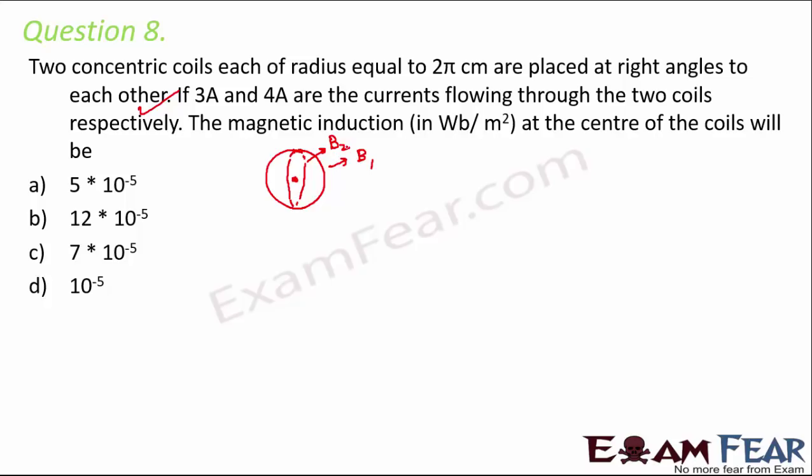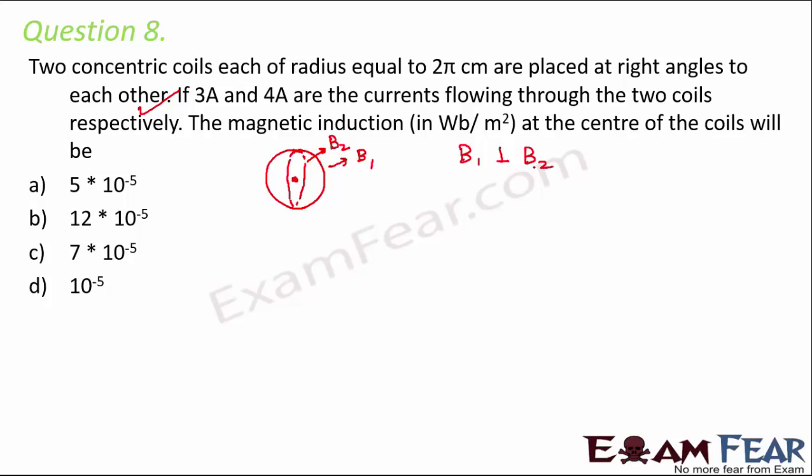Now, if you look at the direction of B1 and B2, irrespective of whether the current is flowing in the clockwise or anti-clockwise direction in these two coils, you will always see that the directions of B1 and B2 are perpendicular to each other. If you want, try it out with the right hand rule and you will see that in all scenarios, B1 is perpendicular to B2.